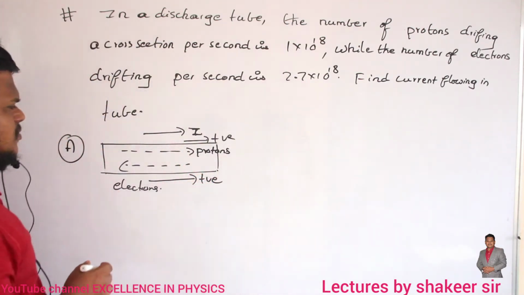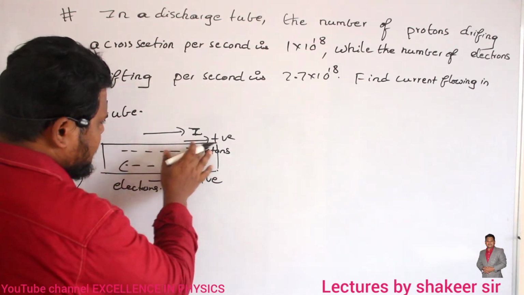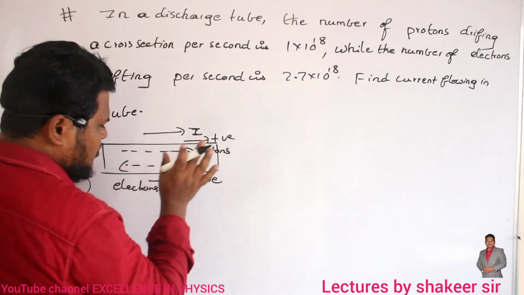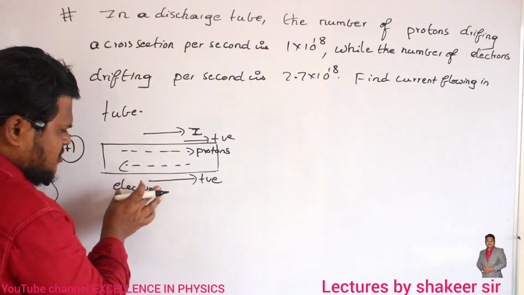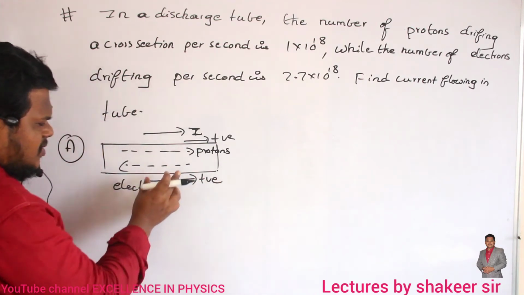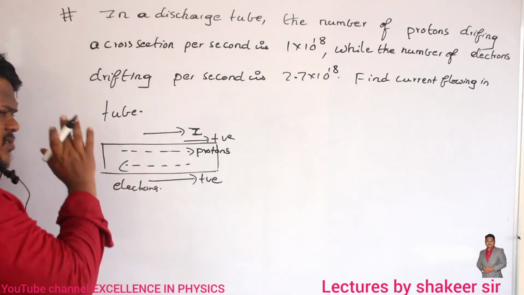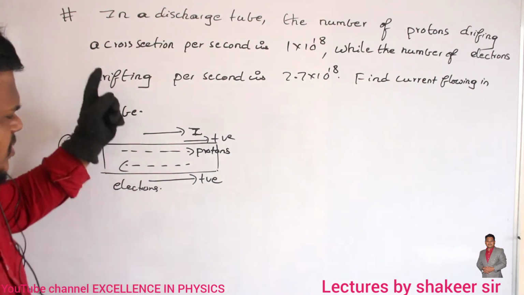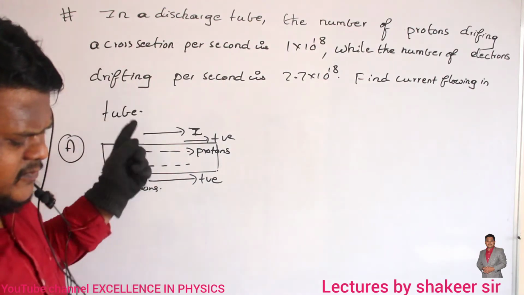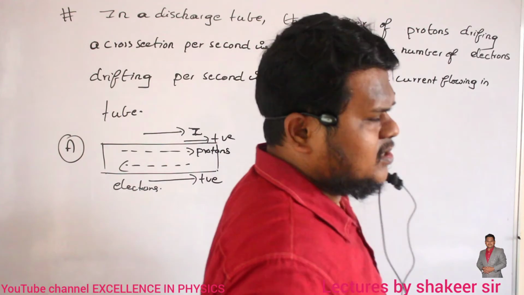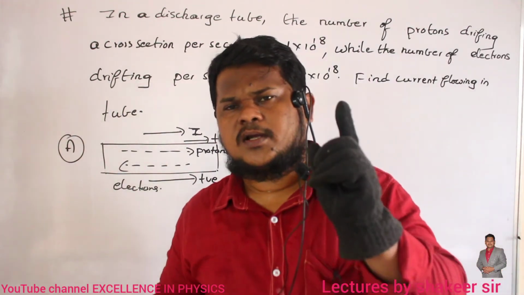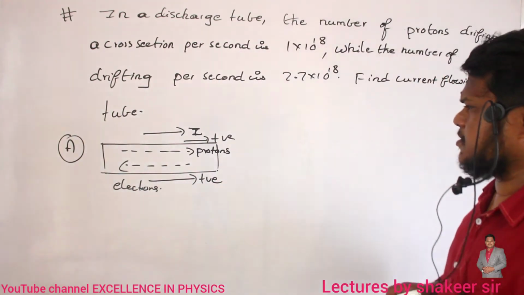So total current is because of the flow of protons and the flow of electrons, and the total current is traveling in the same direction.